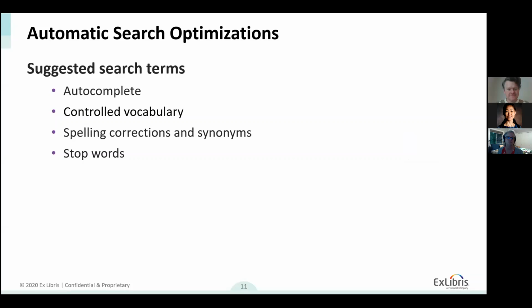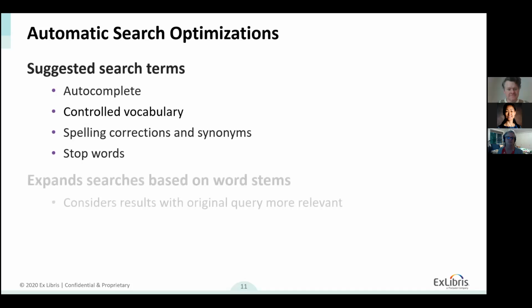So Primo has some automatic search optimizations for you. Suggested search terms, expanding searches based on word stems, that word stemming I just saw, treating keyword phrases differently than searches with Boolean operators.